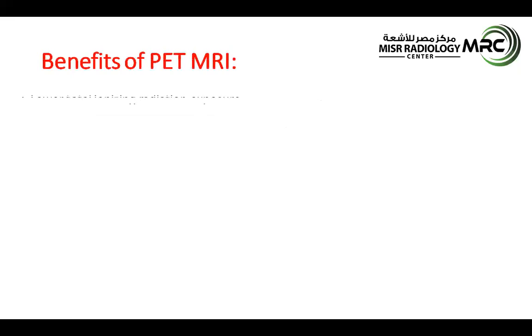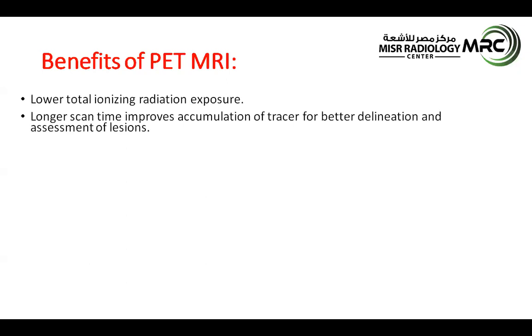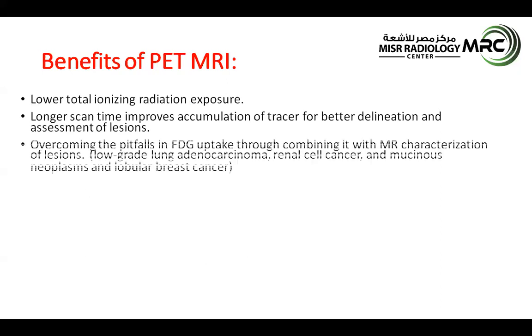Now, the benefits of PET MRI include the lower total ionizing radiation, because the patient is only exposed to the PET component, while MRI does not include any ionizing radiation. Although there is a longer scanner time, this is helpful in the improved accumulation of tracer for better delineation and assessment of the lesions.